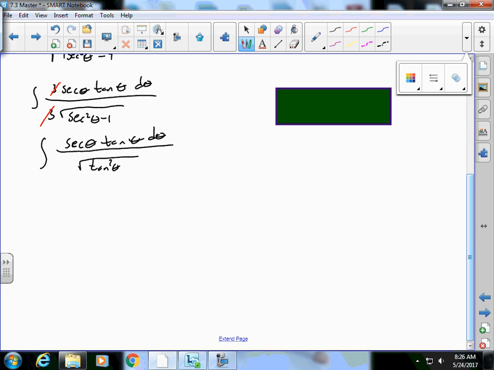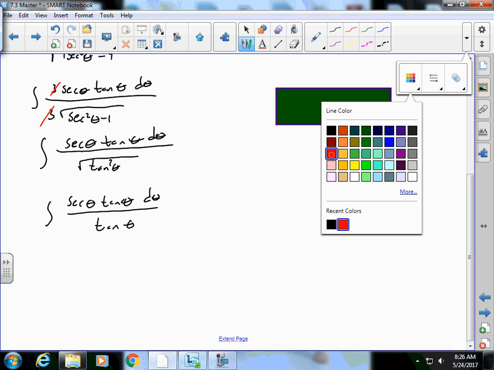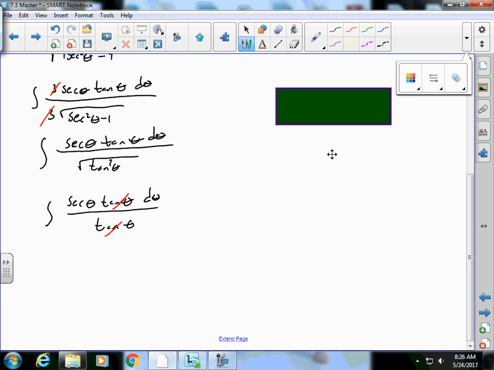Then from there, the square root of tangent squared theta is just tangent theta. So in the numerator, I still have a secant theta tangent theta d theta. Now I have a tangent theta in the denominator, which we can cancel with that, leaving us with secant theta d theta.